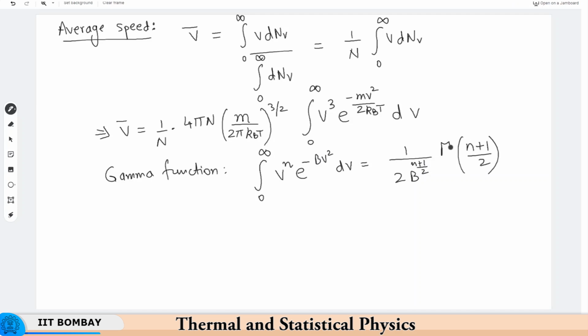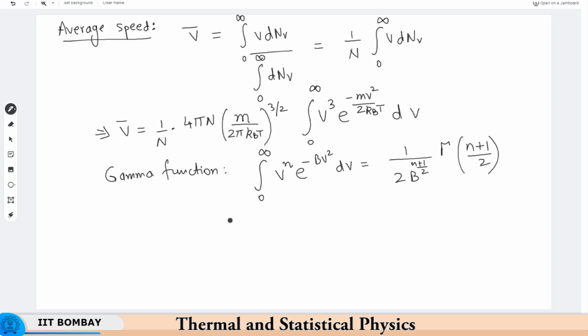This is the gamma function. Clearly, our n is 3, so we substitute 3 in place of n, and this gamma becomes gamma of (3 plus 1) by 2, which is gamma of 2.